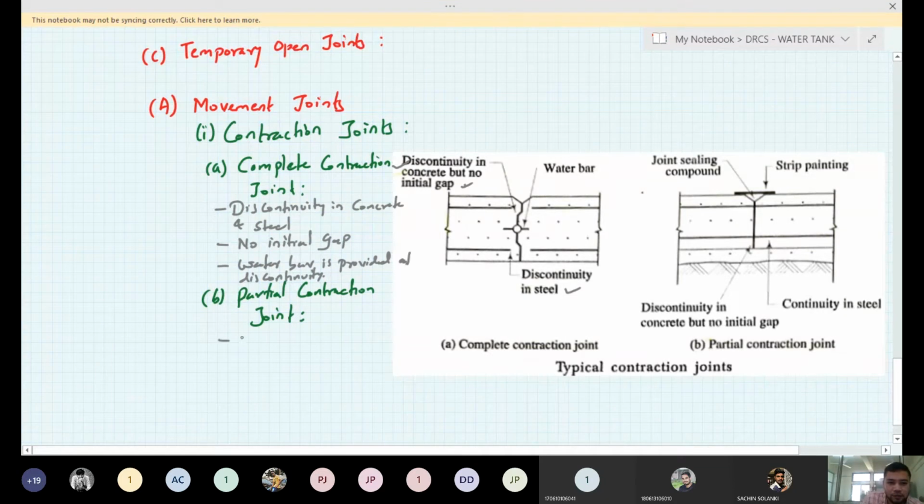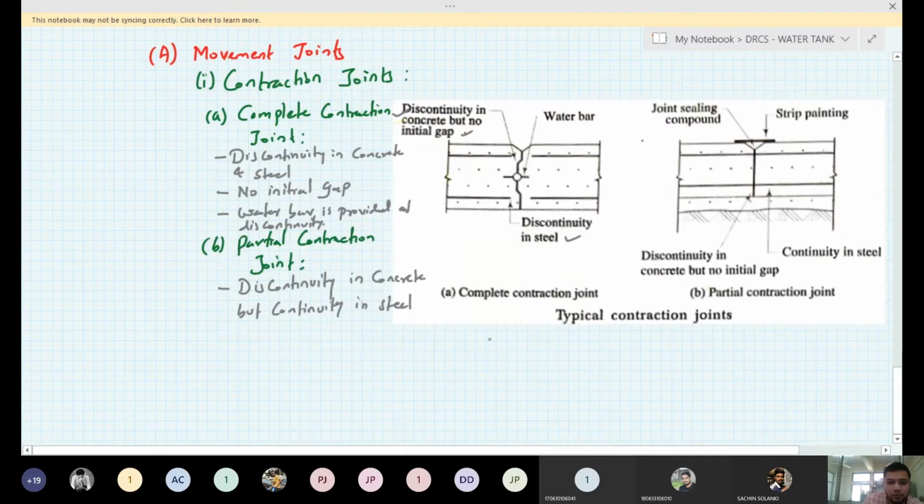So in this case, we have discontinuity in concrete, but continuity in steel. In a contraction joint, no initial gap is provided.